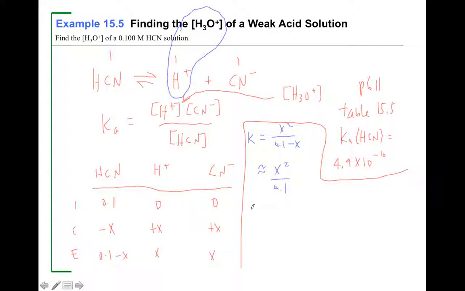Now it's time to solve for x. So x is going to be the square root of 0.1 times K, which is 4.9 times 10 to the minus 10.